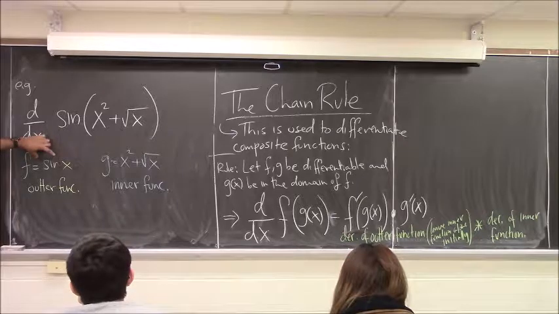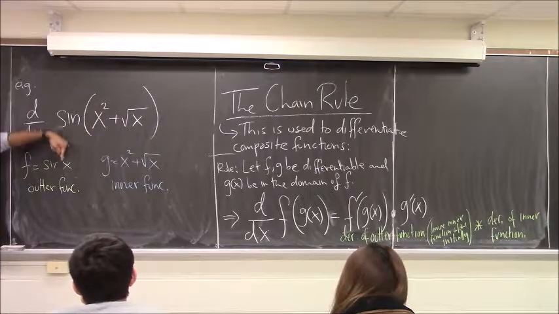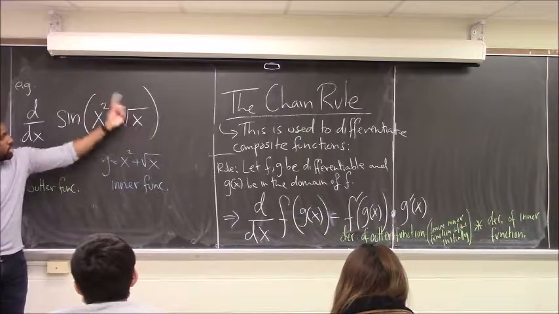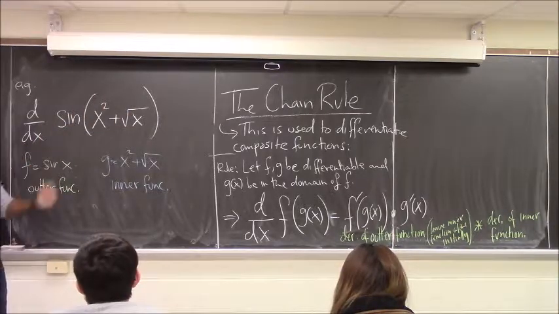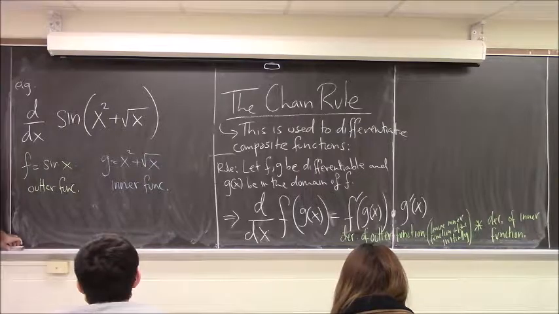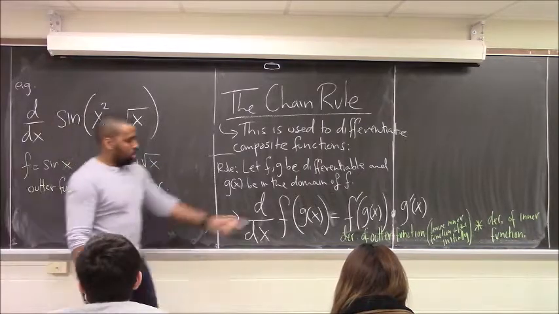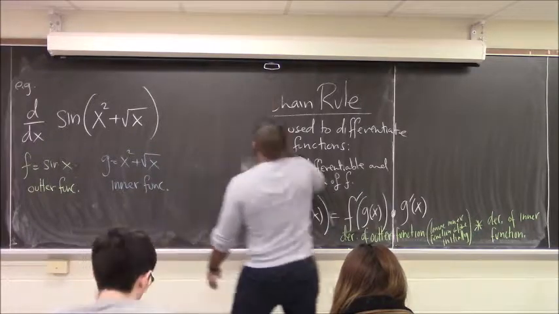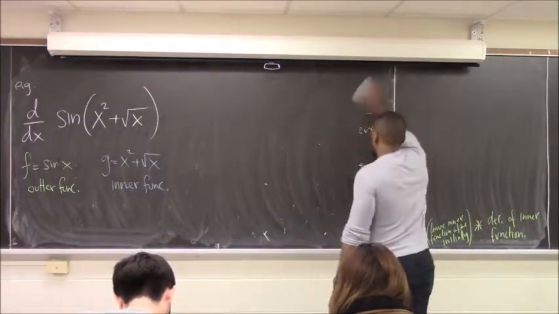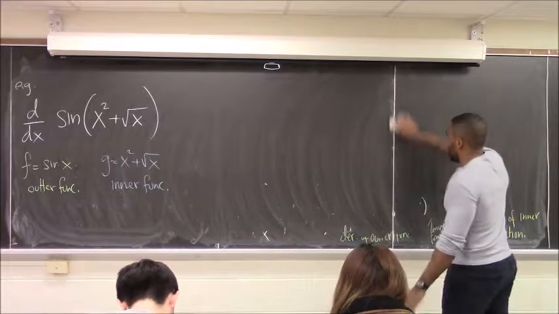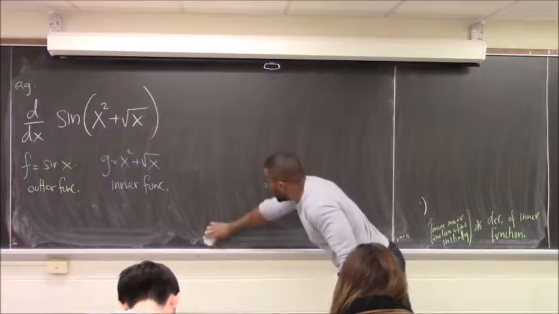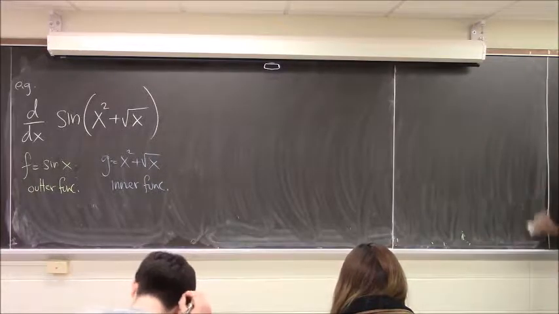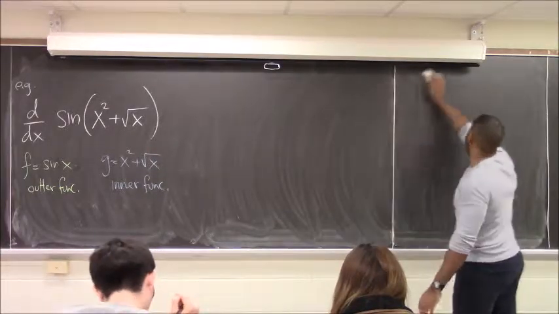So this one's on the outside, this one goes inside that one. Here's your inner function, and sine happens to be the outer function. Now, how do you differentiate something like that? Well, you would follow this rule. You would differentiate the outer function, leaving the inside intact, and then you would multiply by the derivative of the inner function. In doing so, you've done the chain rule.